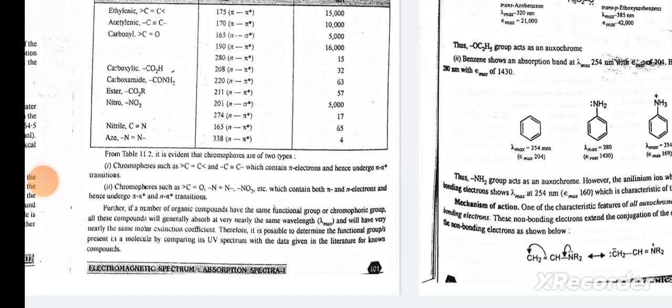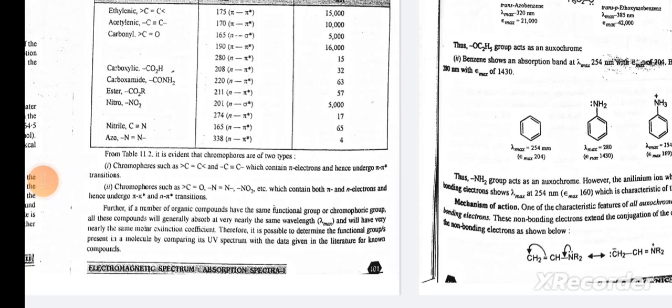From Table 11.2, it is evident that chromophores are of two types. Chromophores such as C double bond C and C triple bond C, which contain pi electrons and hence undergo pi to pi star transition. Chromophores such as C double bond O, etc., which contain both pi and n electrons and hence undergo pi to pi star and n to pi star transitions.